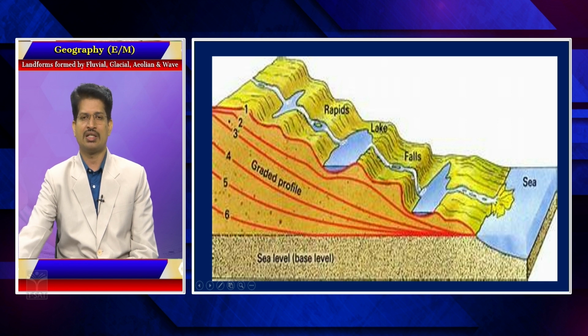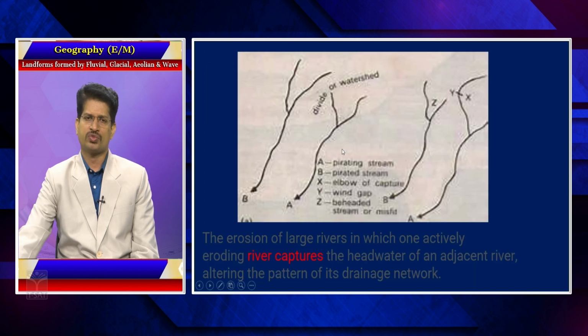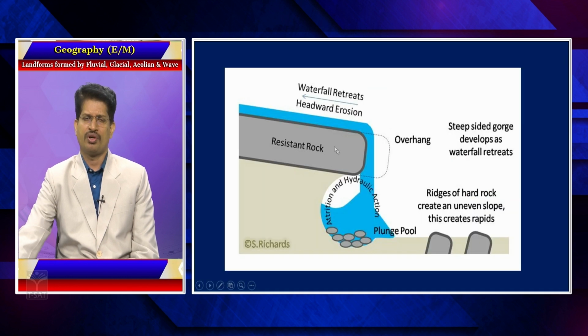So, an alternate arrangement of hard and soft rock leads to the formation of continuous small waterfalls described as rapids. In the examination, they may ask you what is a rapid or what is a waterfall. You must be able to differentiate the reasons for the formation of waterfalls and rapids.